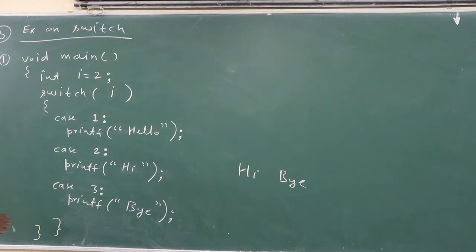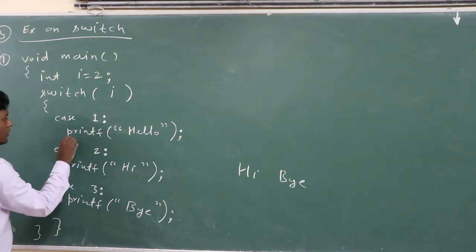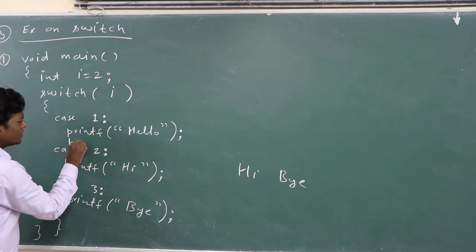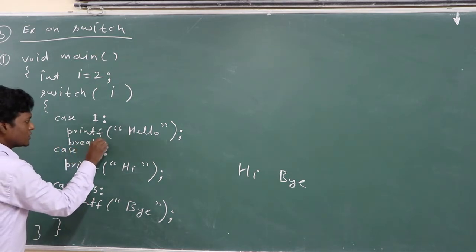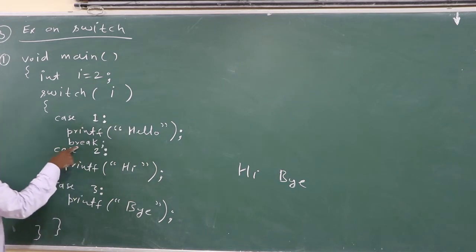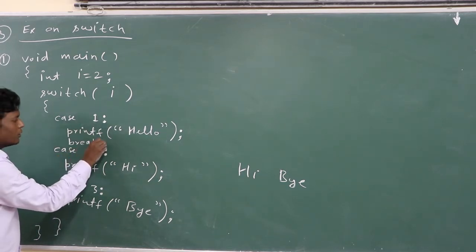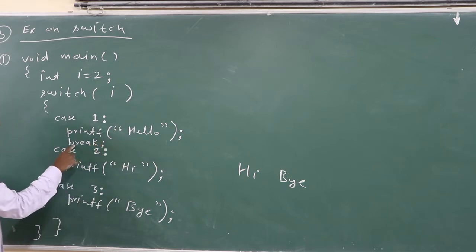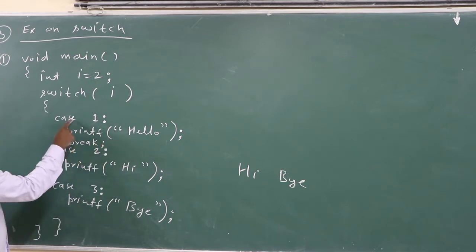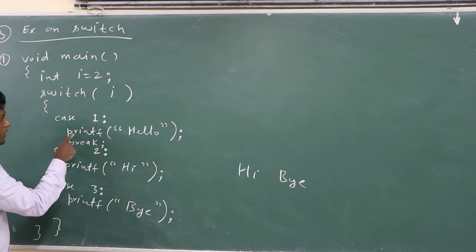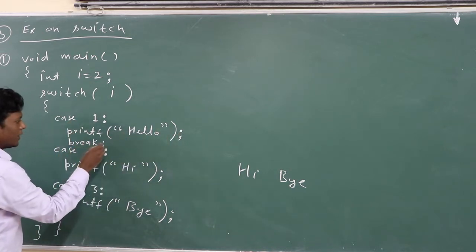Suppose you write the break keyword at each case. Class, we write here break. Break is a keyword. So we write break here in case 1. Now case 1 has two statements, printf and break.